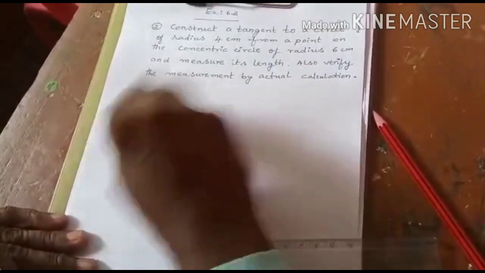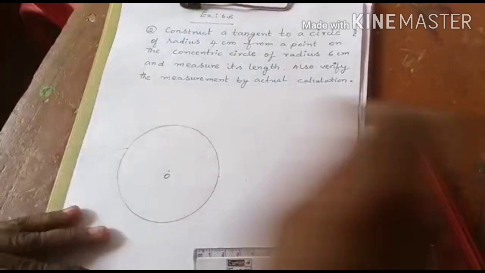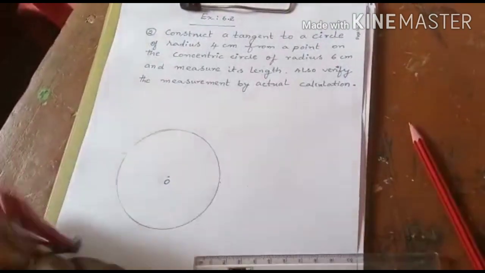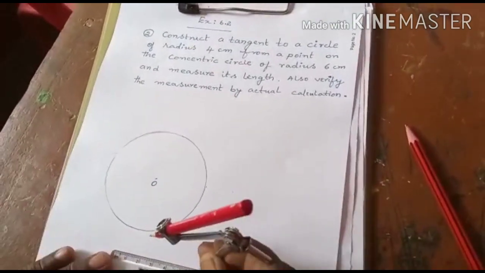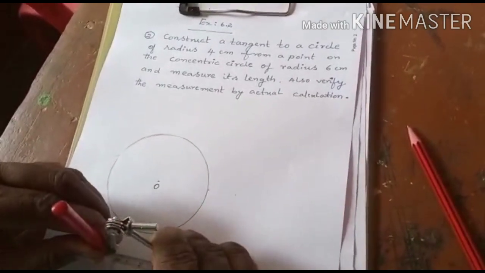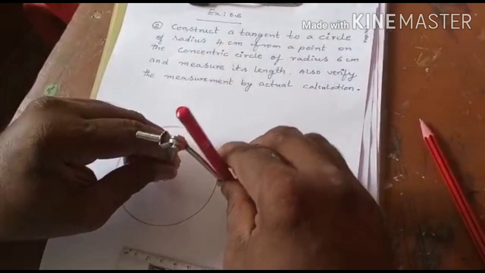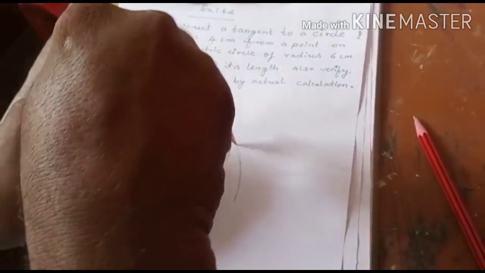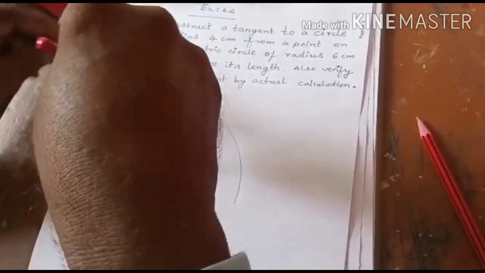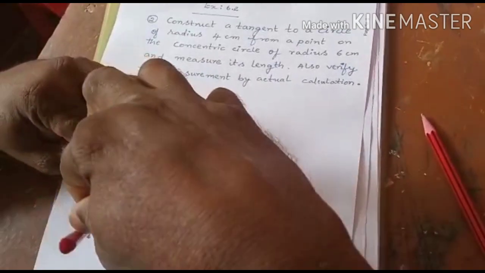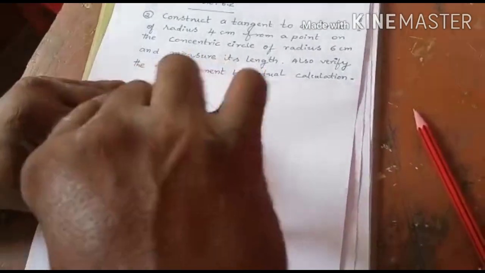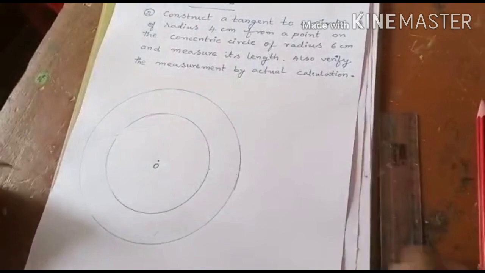Draw a circle of 6 cm radius taking O as center and locate point P on the circle and join OP.